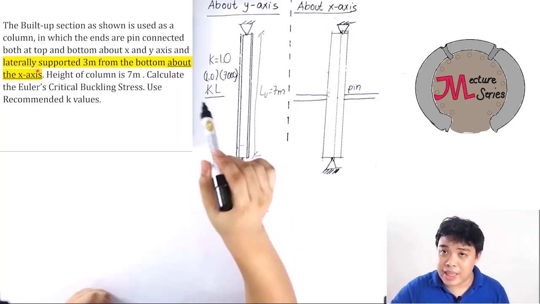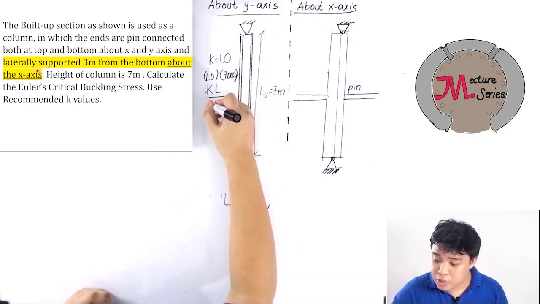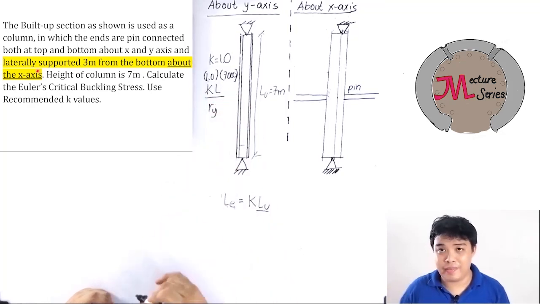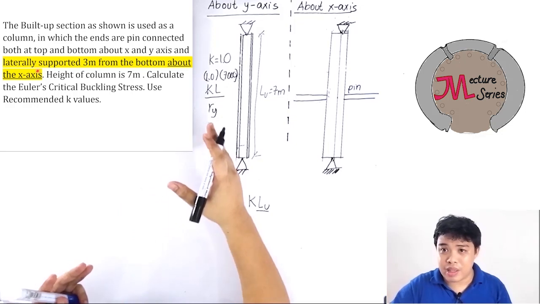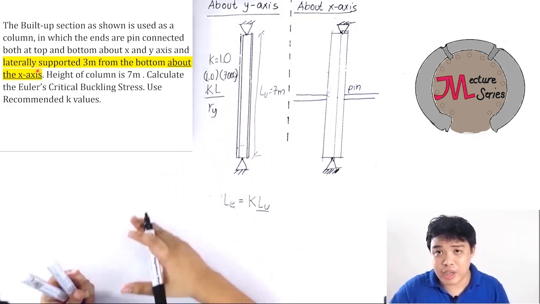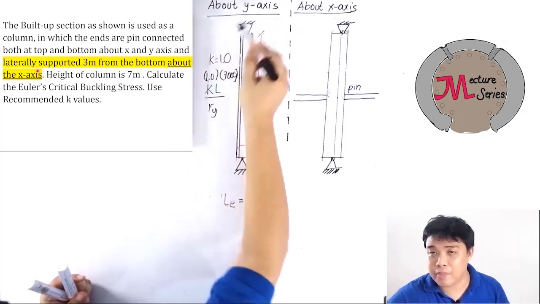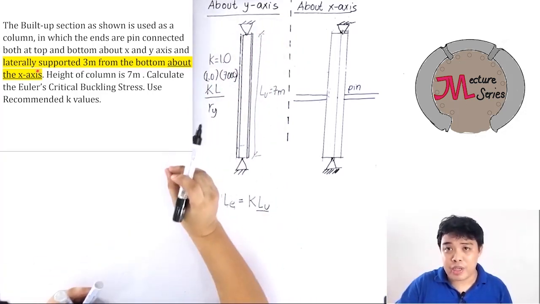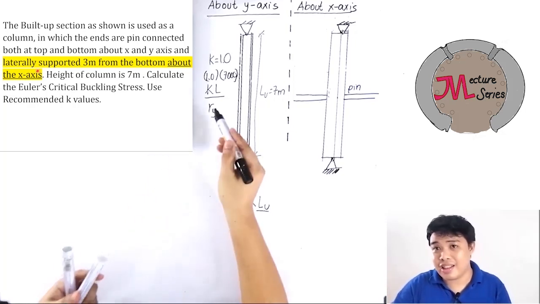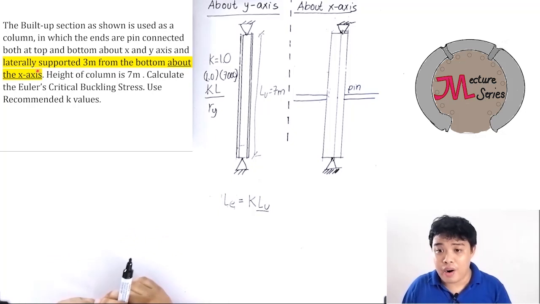Since on this plane, the buckling is happening about the y-axis, therefore, we should use R sub y. That's why it's very important to specify what axis is resisting the buckling on a certain plane. It's very important to know that on this plane, the buckling is happening about the y-axis so that you know the proper section property that you're going to use in getting the slenderness ratio. So in this case, that is KL over R sub y.